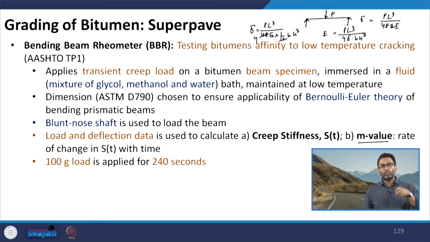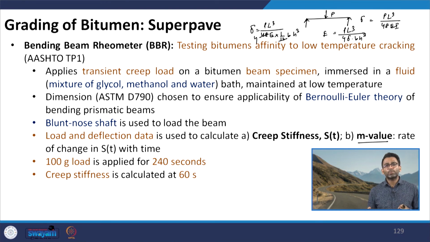Here we are using a 100-gram load. Again, why was a 100-gram load selected? To ensure that the response of the sample remains in the linear viscoelastic regime. This load is applied for 240 seconds, or 4 minutes, and the creep stiffness is calculated at 60 seconds.